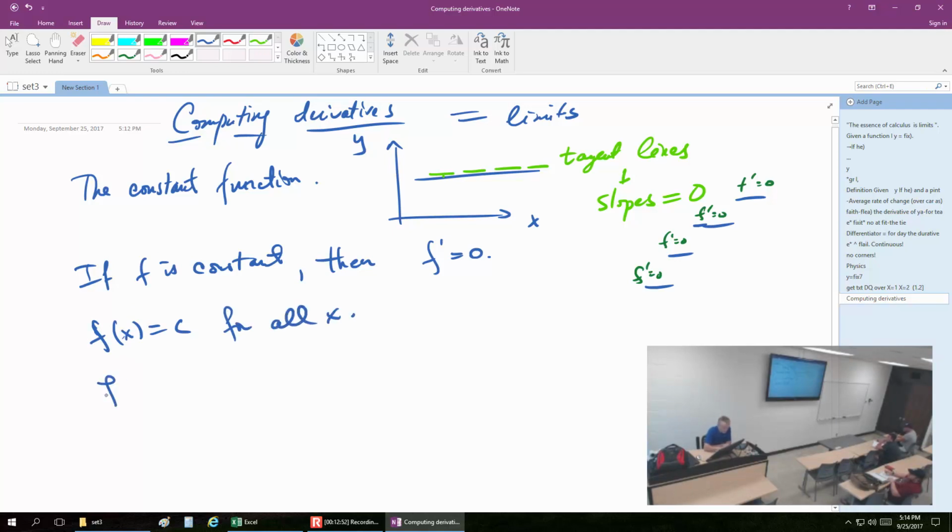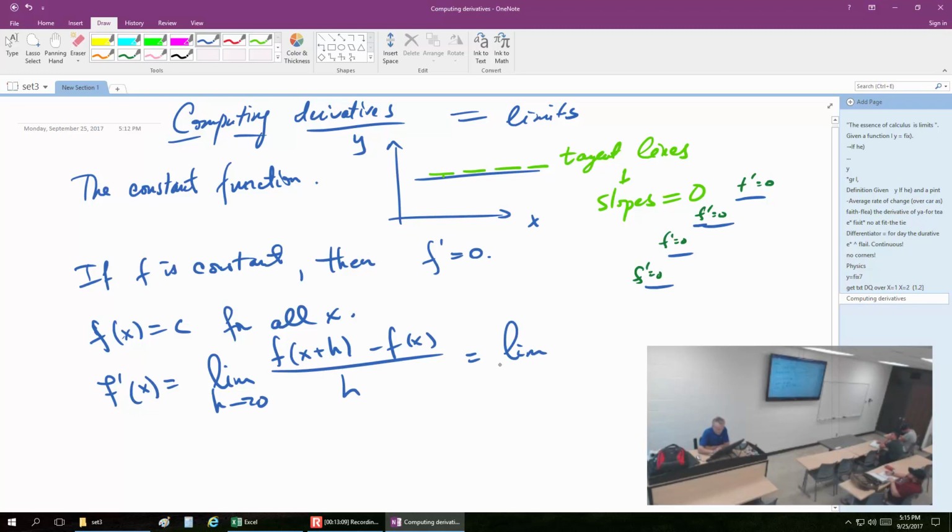Okay, so f prime of x is the limit as h goes to 0 of f of x plus h minus f of x over h. So that difference quotient we have been writing, and we'll be writing a little bit more. So I plug in c everywhere.